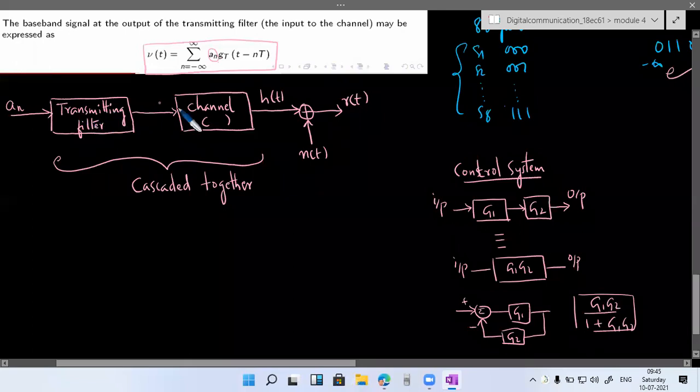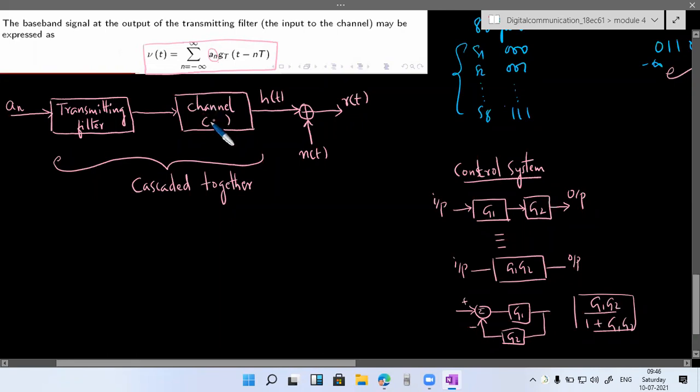Because we want each and every other block to be in time domain, so instead of keeping this channel in frequency domain, let me just bring it back to time domain.